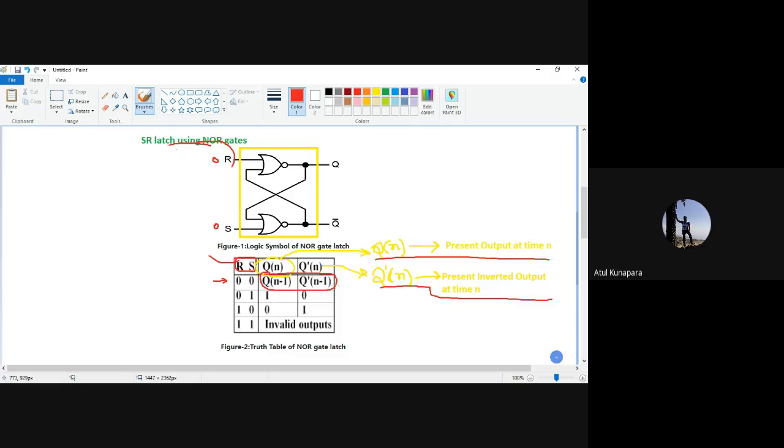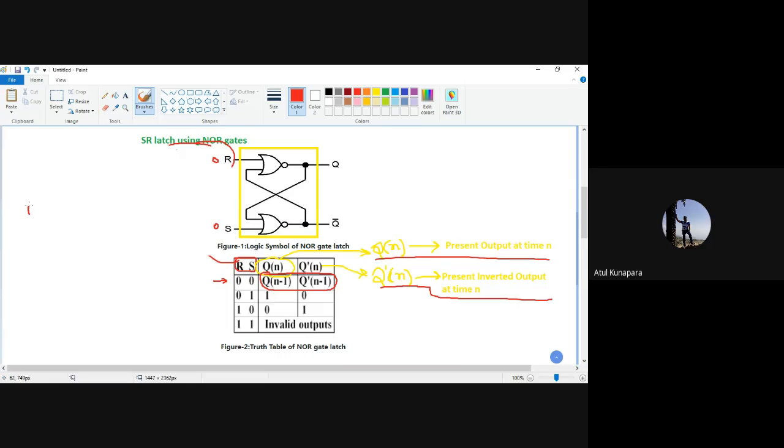Let's say if I convert this into time, suppose we start this latch at time t equal to 0, and we give our signals S and R as 0, 0 at time t equal to 1 second. So we are taking this Qn and Q dash n at 1 second. Then Qn minus 1 is the value of your output Q at 1 second before, if you are considering that in terms of seconds. Am I making this clear to you or not?